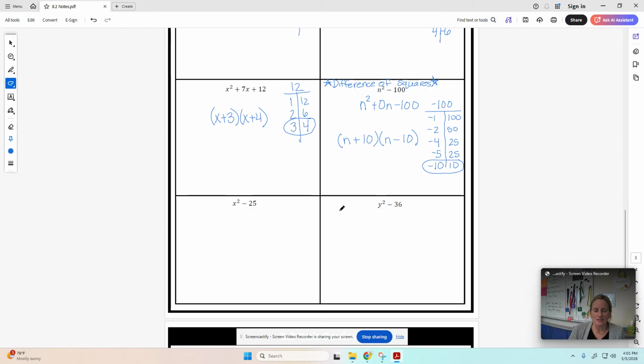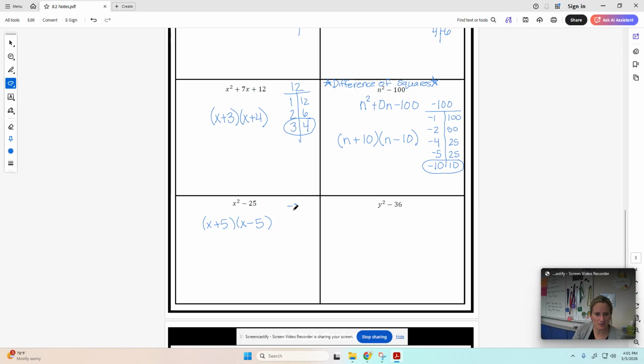So I've already told you that these last two are also difference of squares. So I know the square root of x squared is x. One's going to be positive, one's going to be negative, and the square root of 25 is 5.